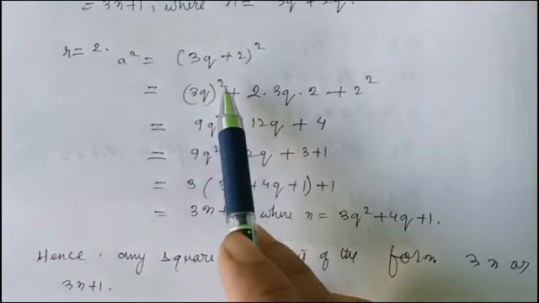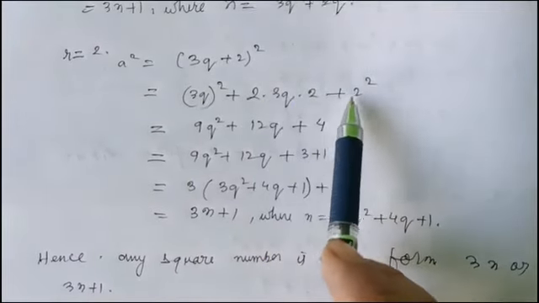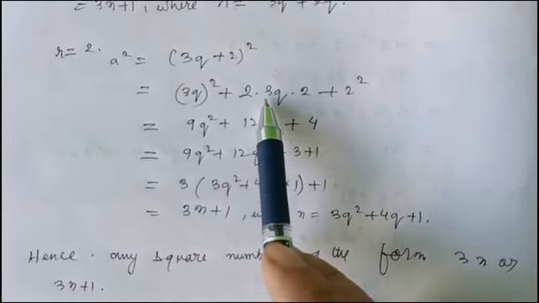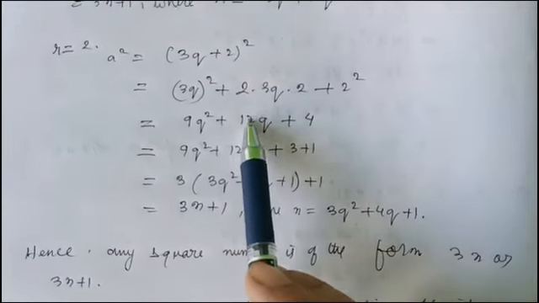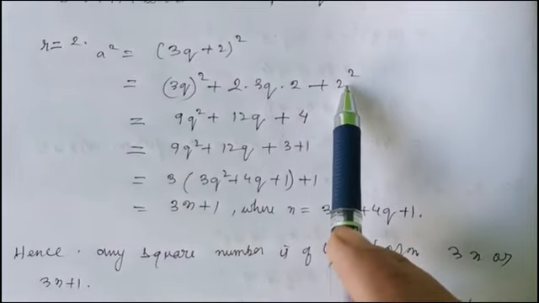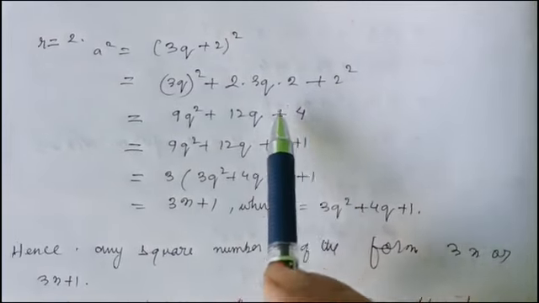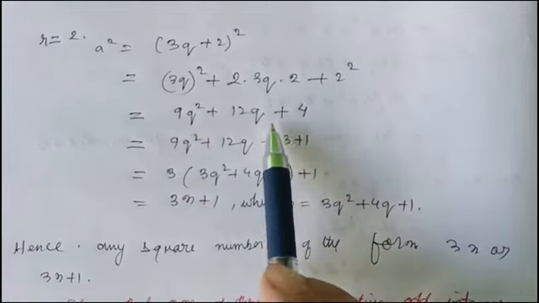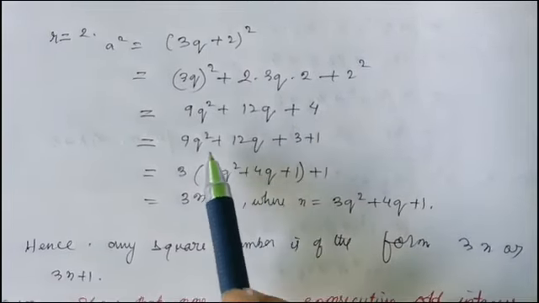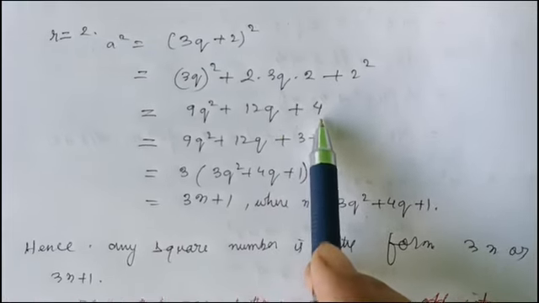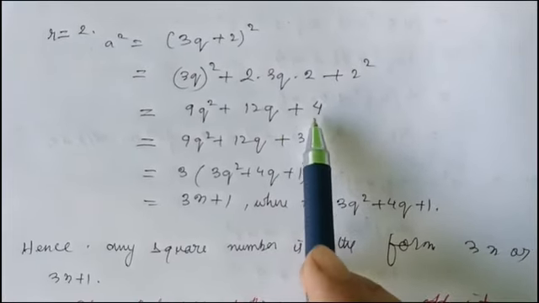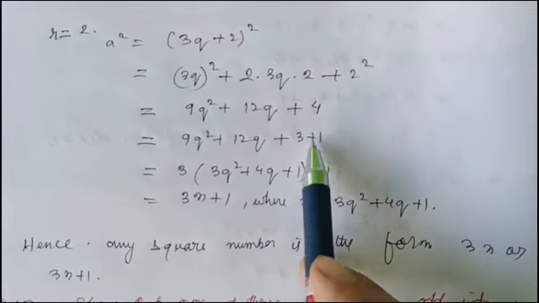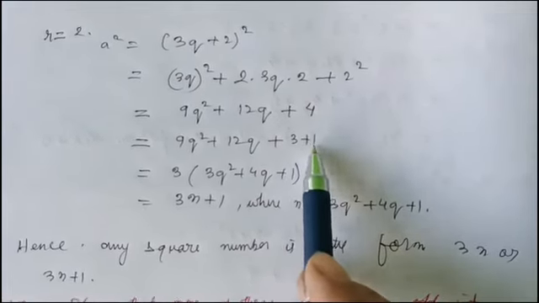So a square plus twice ab plus b square: 3 square is 9, then 2 times 3 is 6, 6 times 2 is 12, and 2 square is 4. Then we have 9q square plus 12q plus 4. So look here, what is this 4? How can you write it? 3 plus 1 is 4. Instead of 4, we can write it like this, 3 plus 1.